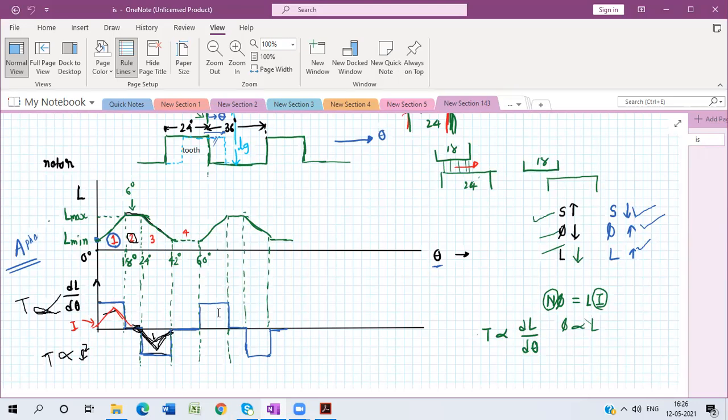Yes, it is called a trapezoidal waveform. So it may be asked. Then it may be asked what we do to avoid this negative dL by d theta.